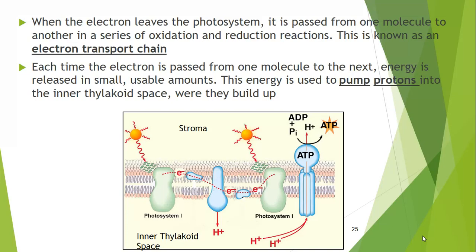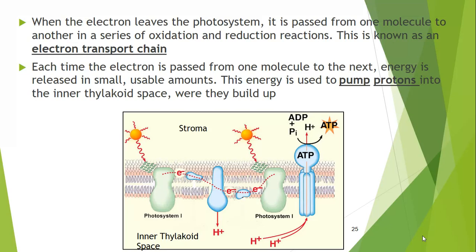All right. Now, where did those protons come from that we're blowing up the thylakoid with? Water. So when water gets split apart, it gets split apart into 3 things: oxygen, waste; electrons into the photosystem; protons, they get pumped into the inner thylakoid space. Now, the key word there, ladies and gentlemen, is pumped.